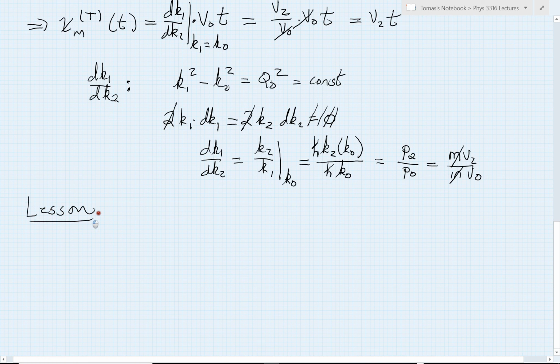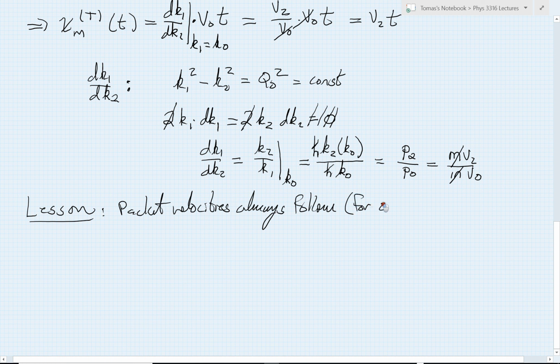Lesson: the packet velocities, and this actually will occur in general, the packet velocities always follow, and this is just for the outgoing scattering states.